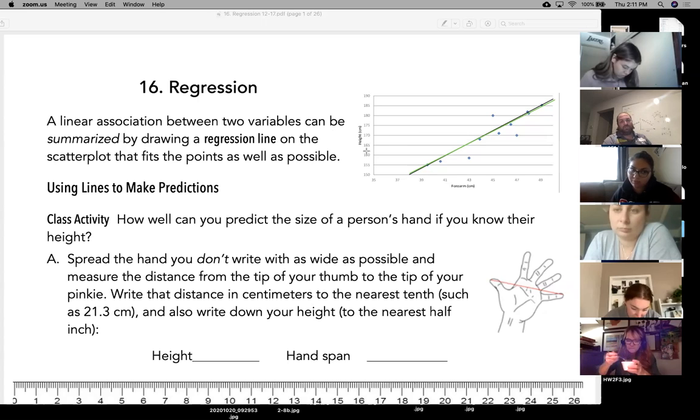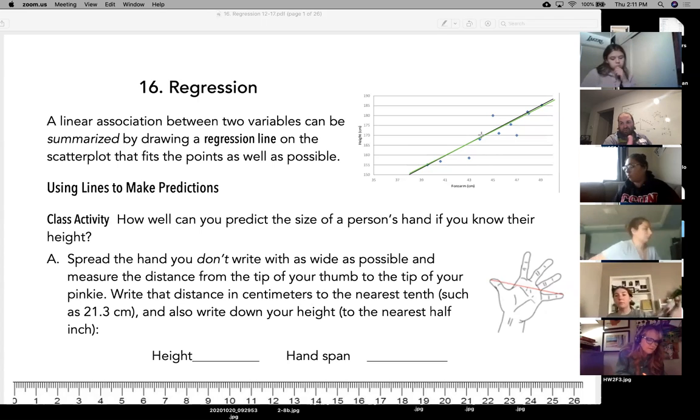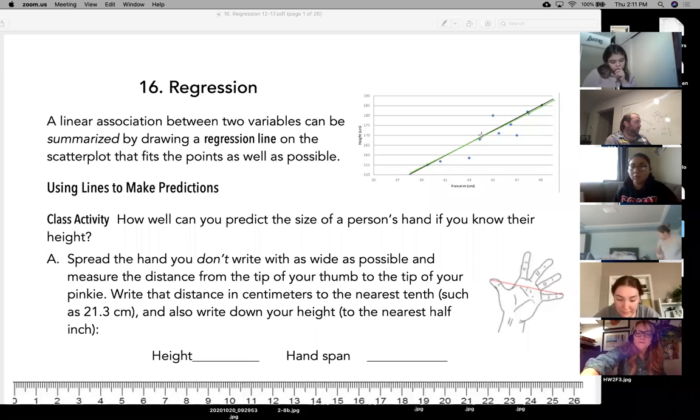So first, what is the line for? At the end of the day, the line is there to make predictions. I have all of these data points. These are actual people or whatever the individuals are under study. Those are the actual data that I'm using to find this best fit line.